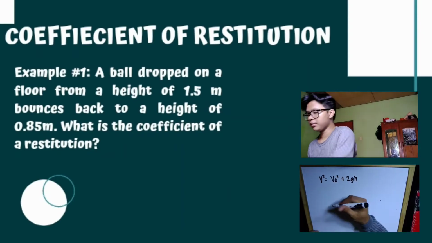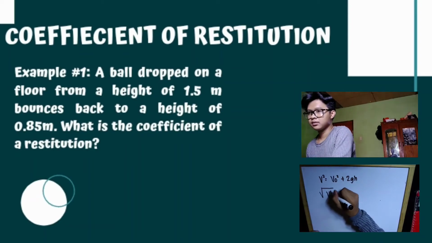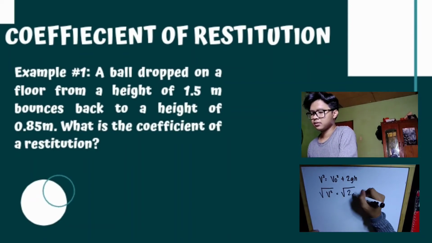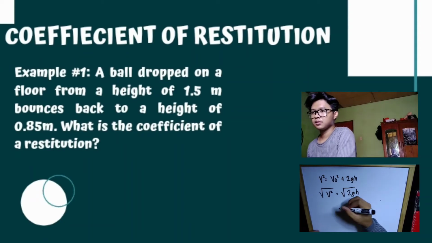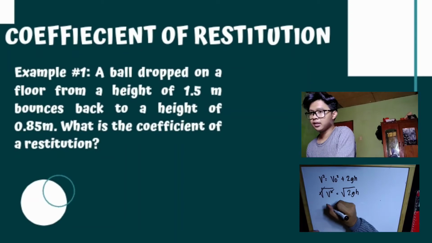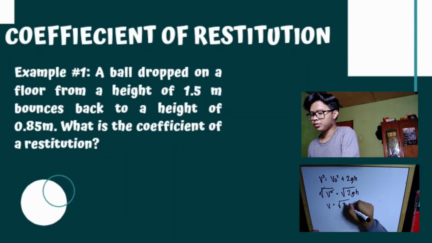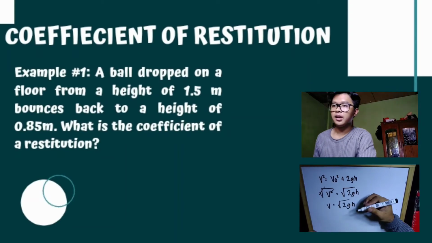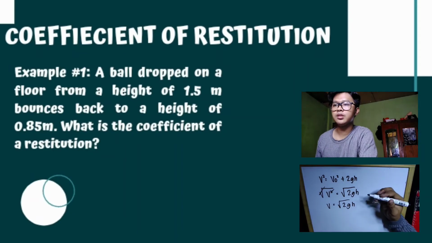So square root natin both sides. Maka-cancel ngayon si square at square root. Matitira na lang is v equals square root of 2gh. Yan yung height natin before the collision.